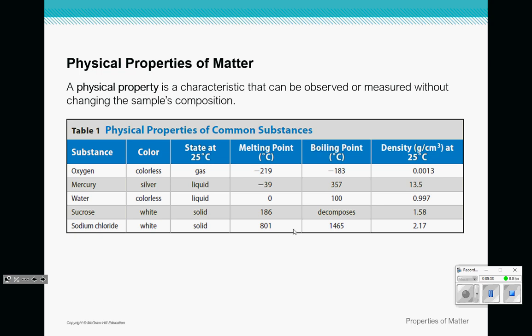It's just water in a different state, either gas, solid, or liquid. So any state changes, going from gas, solid to liquid, any state change is still going to be a physical change. And so if I'm saying it's solid, liquid, or gas, I'm saying that's a physical property. So these are properties you can observe without changing it.